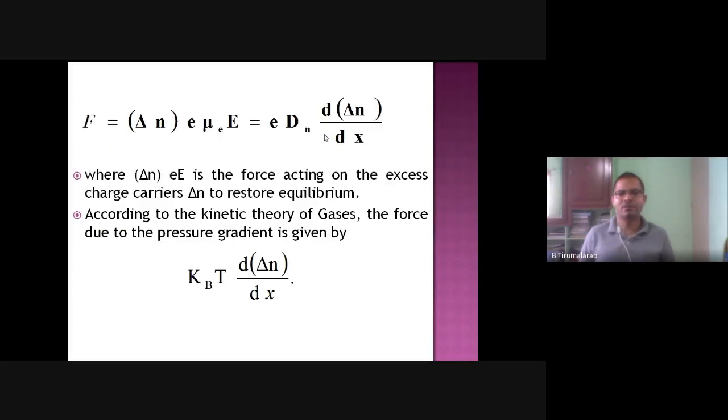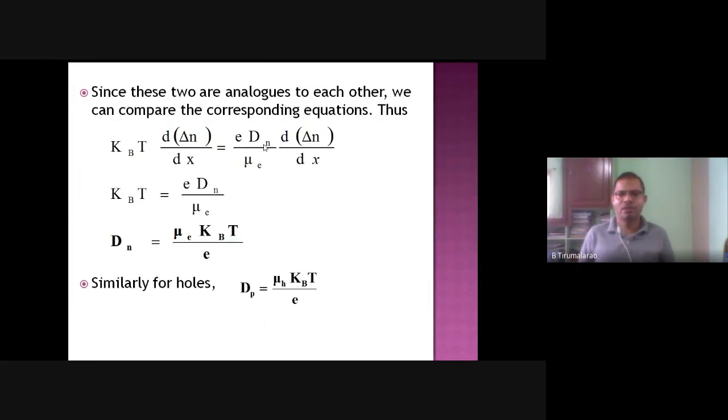From this equation I have written this equation: e Dn equals mu e, and d(delta N)/dx cancels on both sides. Finally I write kB T is equal to e Dn by mu e.